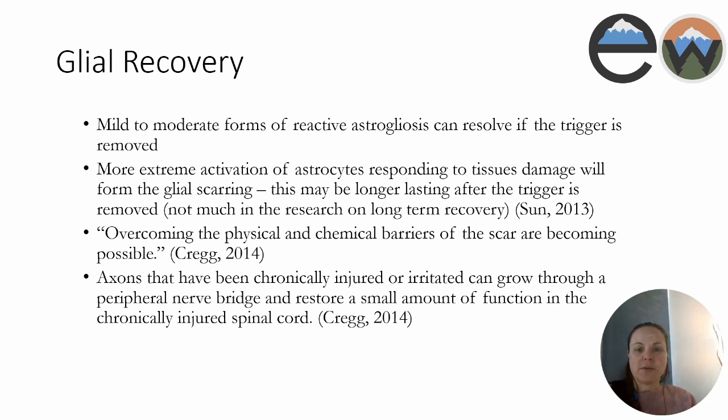Overcoming the physical and chemical barriers of the scar becoming possible, so that irritated edge of the scar, that inflamed outline, from parts 2 and 3, that's really what we're feeling that's irritated. The decrease in mobility happens from the border formation or the scarring, and the irritated outside is where we might have more success with some of these neurological inflammatory changes and working on the inflammation specifically.